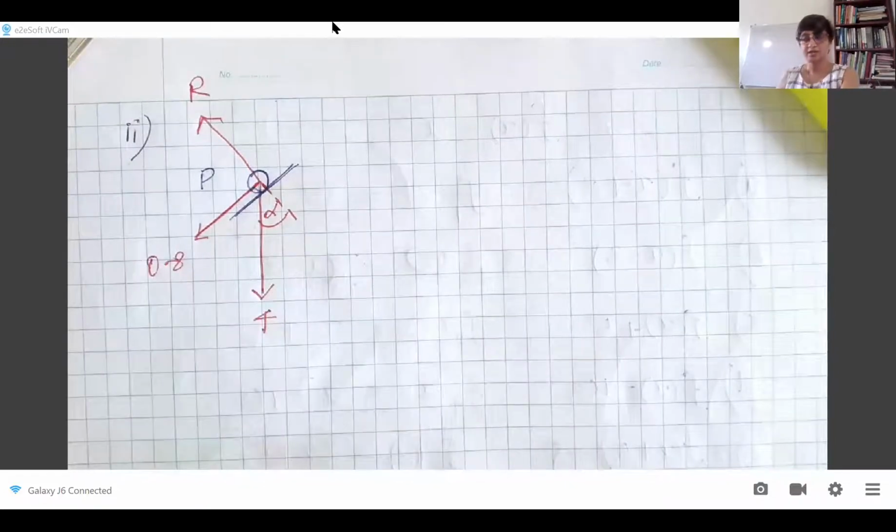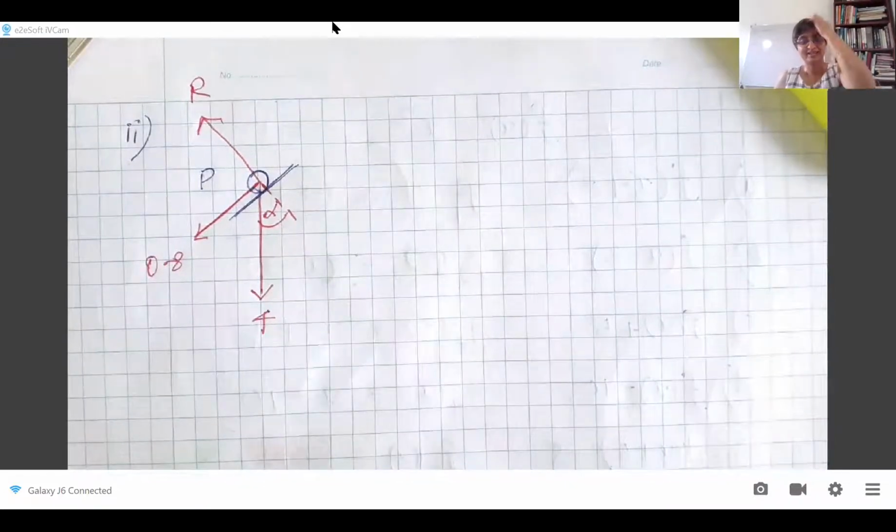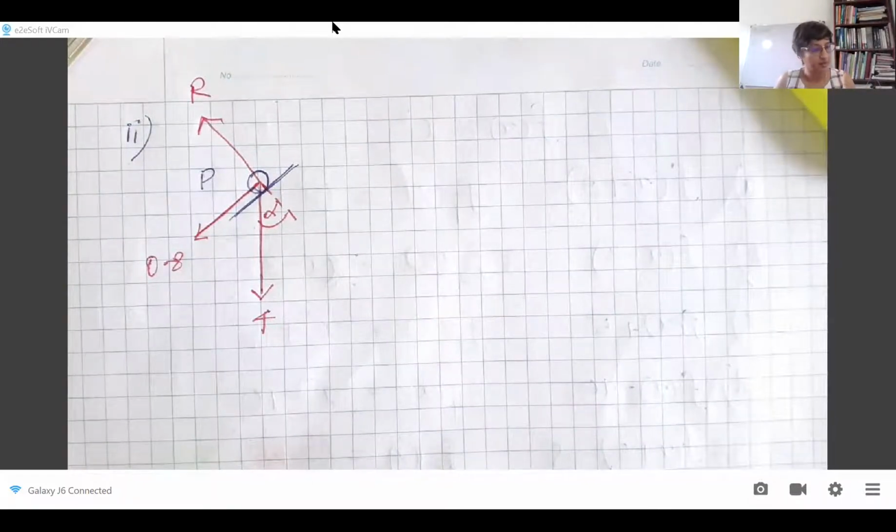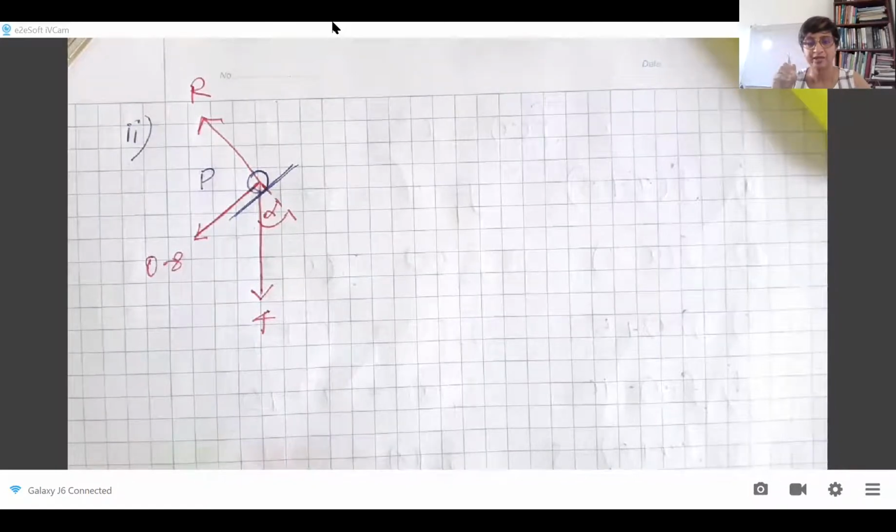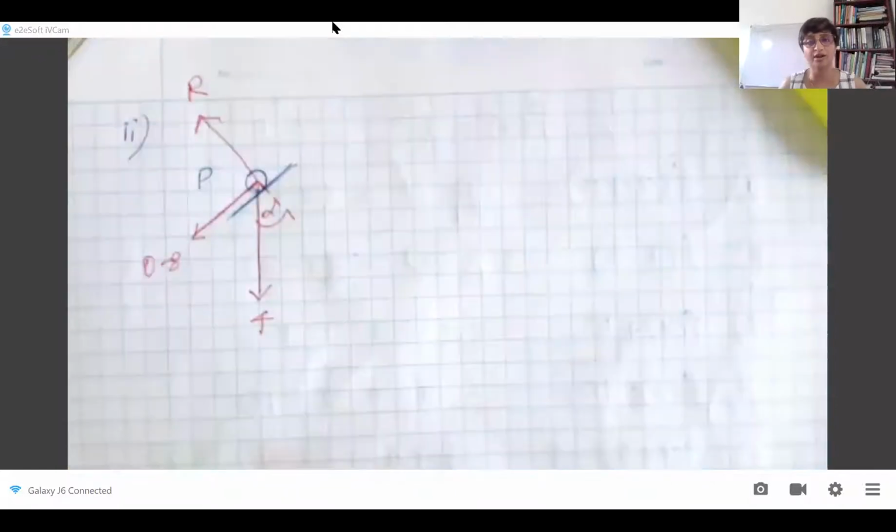Now tell me, this external force 0.8 is smaller than the greatest force required to keep this stationary. Then in what direction is P moving? So it will not be still. It will move now. It will be accelerating in what direction? Up the slope or down the slope?